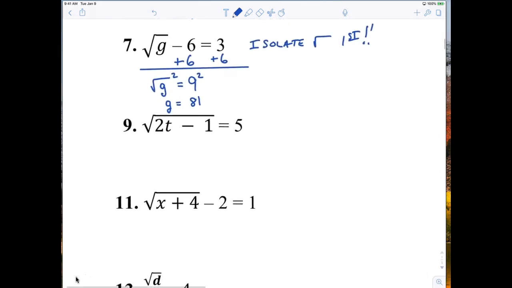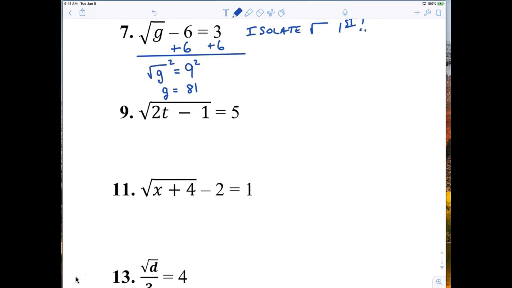Okay, now everybody take a look at number 9. Is the square root isolated? Yes, it is isolated. So now all we have to do is what? Square both sides. So I end up with 2t minus 1 equals what? 25.